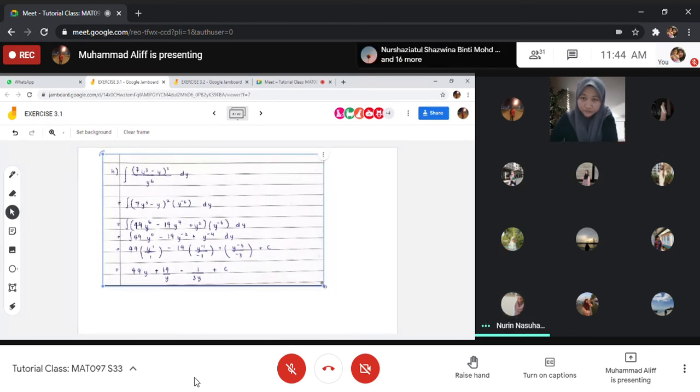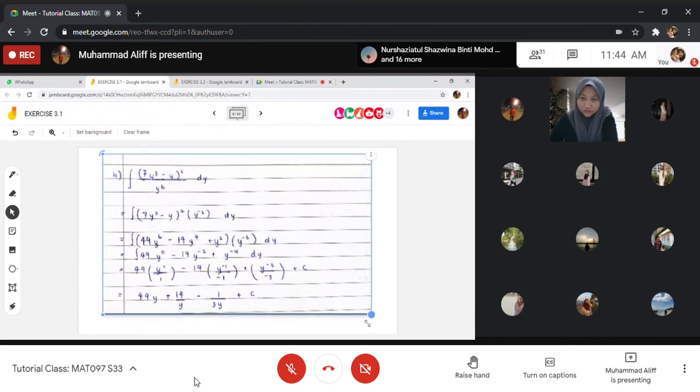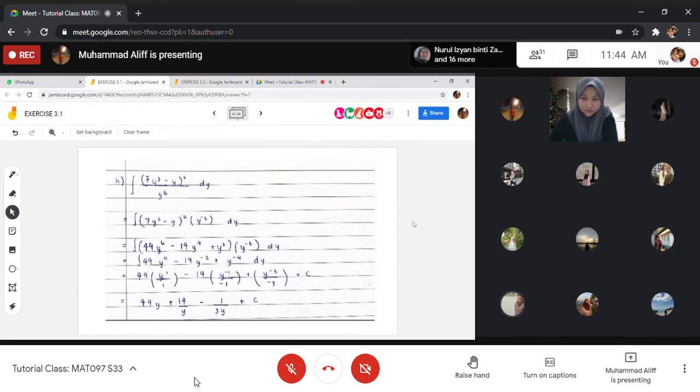Saya doktor. Okay. Mula-mula saya pindahkan yang dekat bawah ni y power of 6 saya letak kat atas, jadi dia jadi y power negative 6. Lepas tu saya expand yang 7y power of 3 minus y, saya expand dia jadi 49y kuasa 6 tolak 14y kuasa 4 tambah y kuasa 2.